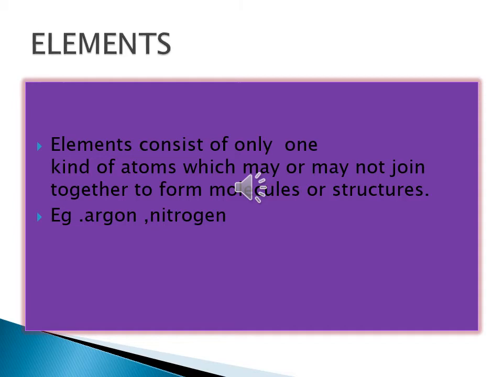Already we know an element is made up of the same kind of atom. It cannot be broken down by any physical and chemical method, though some larger elements break down spontaneously due to being radioactive.